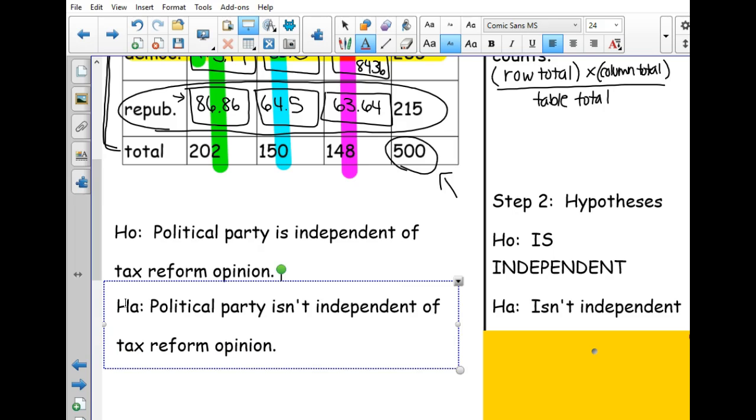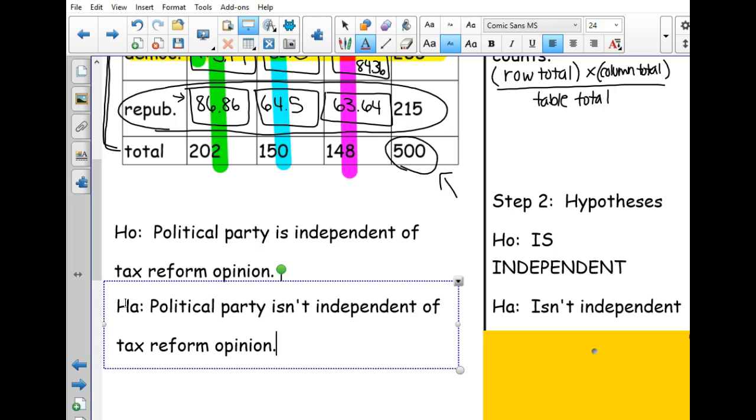So step 2 isn't too bad. Look that over. Do you guys have any questions? Yeah, question? Yep, so what I mean by independent is in our null hypothesis, when we say political party is independent of tax reform opinion, it doesn't matter what your political party is. That has no influence on how you're going to vote on this tax reform bill.